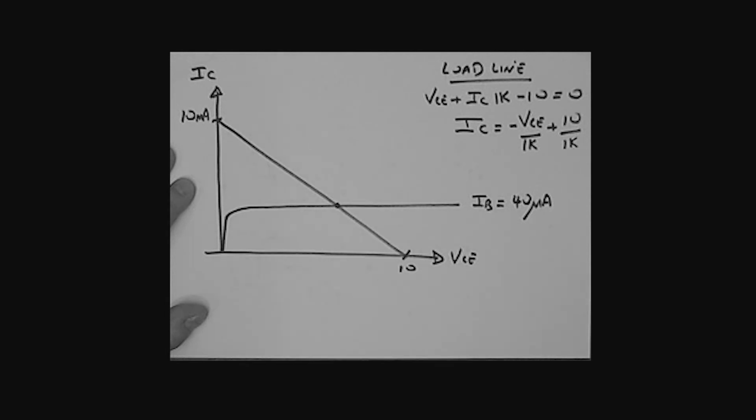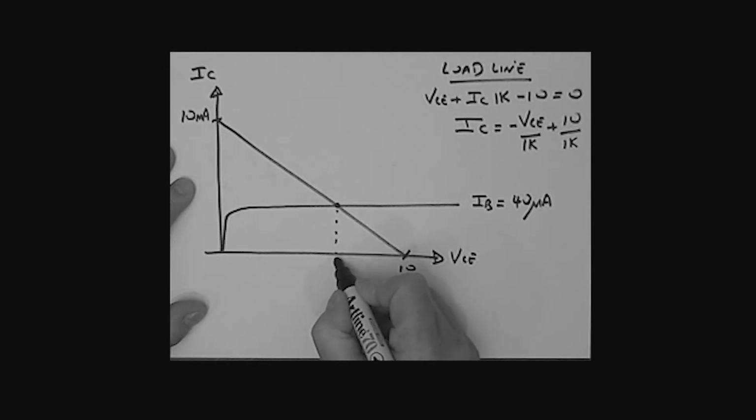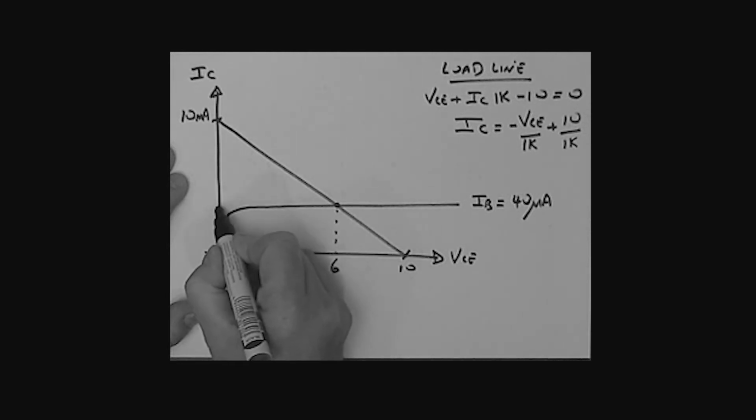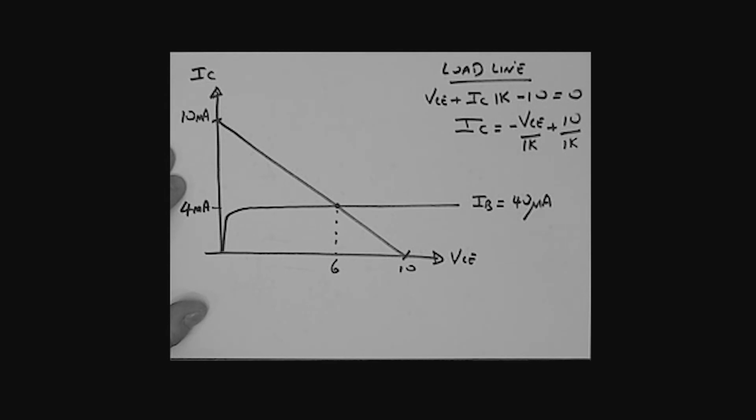That gives us the current IC. So there's the load line for the circuit. This is my operating point here, which corresponds to 6 volts over here, and coming over to the current axis, this corresponds to my 4 milliamps right here.